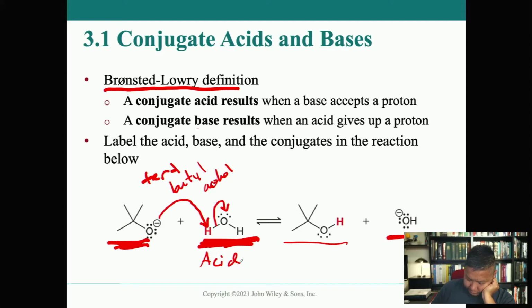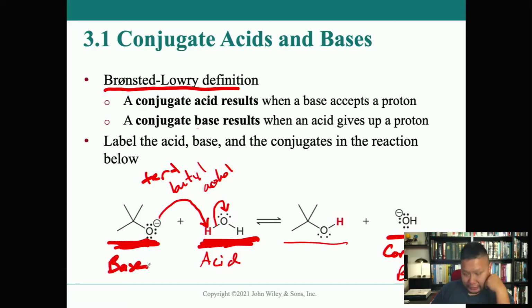And this over here being its conjugate base. And then over here, the tert butyl, or I guess it would not be a tert butyl on its own because it doesn't have the hydrogen yet. It would be like a tert butoxide, right? Tert butoxide. That becomes a tert butyl when it takes that proton from water. And so then, since this is the one that's receiving the proton, this is the base.